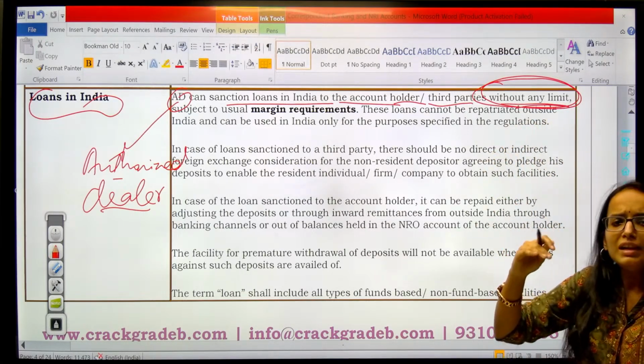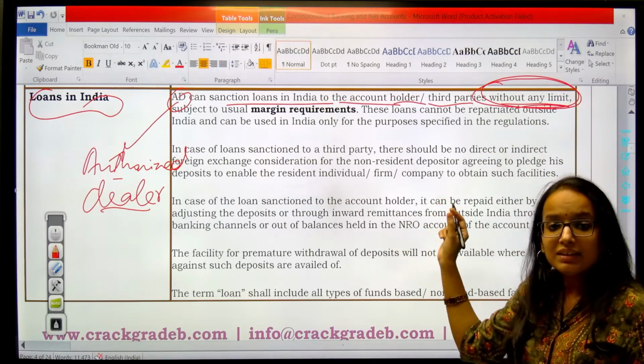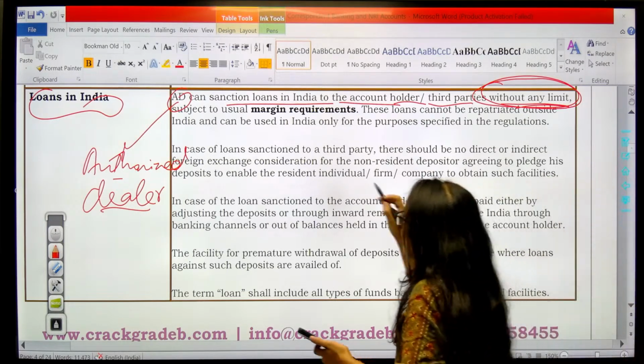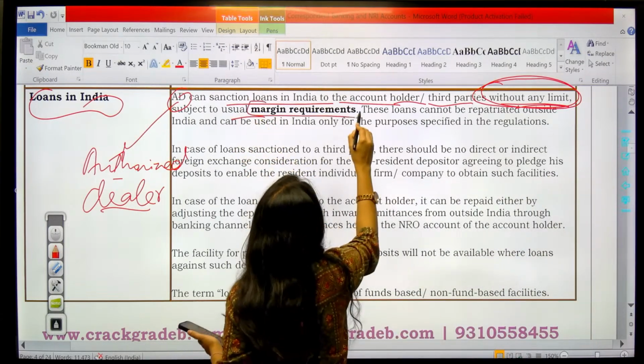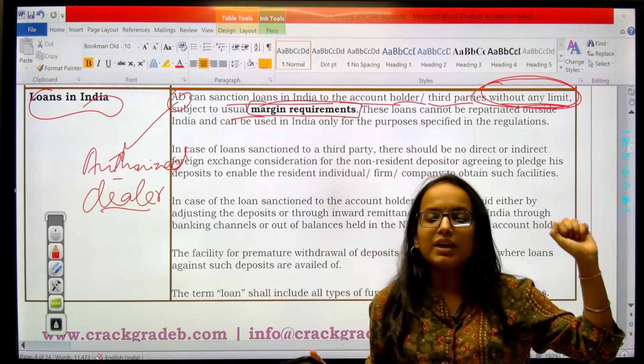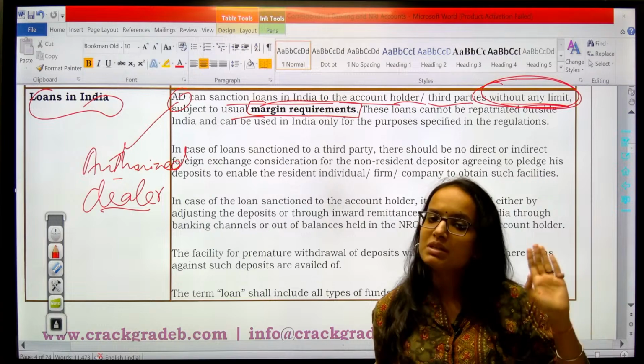So there is no limit as such, but these loans will be subject to the usual margin requirement. There is no credit limit as such, but they should adhere to the ongoing margin requirements in the country.